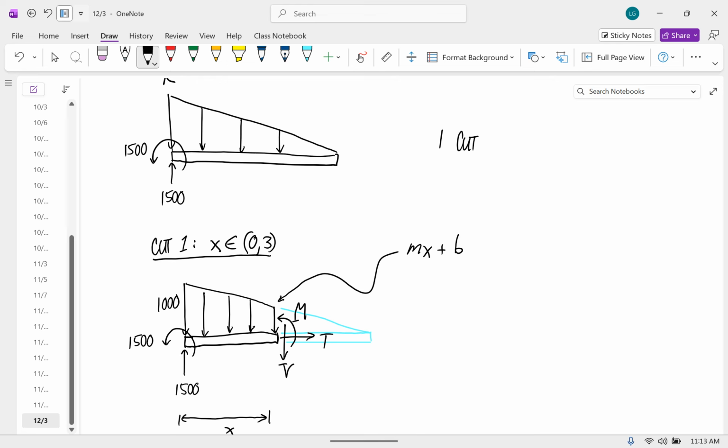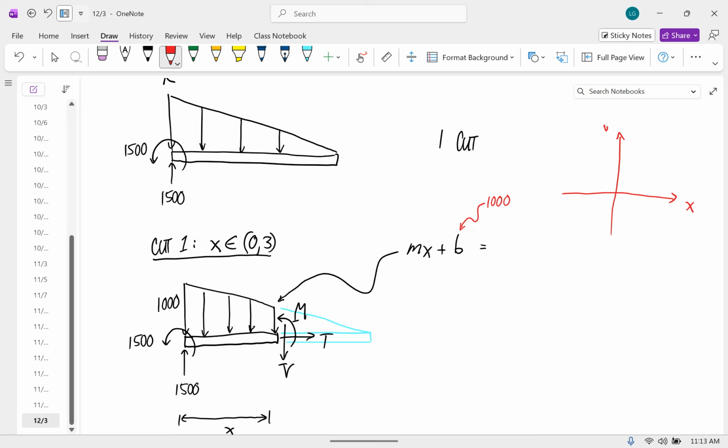What's the y-intercept when x is equal to 0? What's the height of that distributed load? It is 1,000. We're just trying to come up with an expression for this line, an equation for this line.